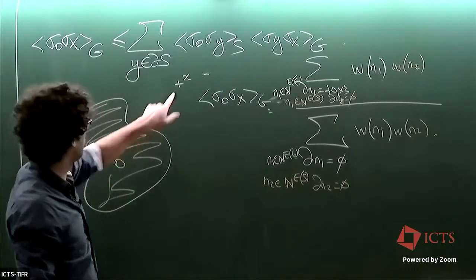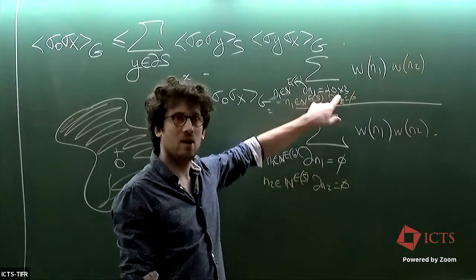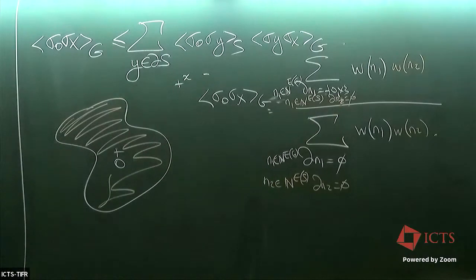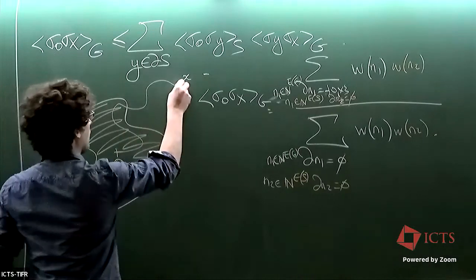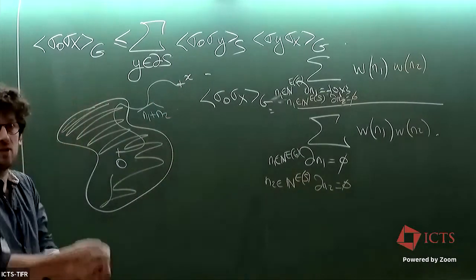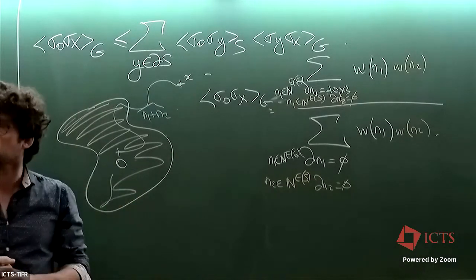Notice that because 0 and x are sources of the first current, necessarily there must be a path from 0 to x in N1 plus N2 hat. Because there is already one in N1. There are two sources, there must be a path between the two.